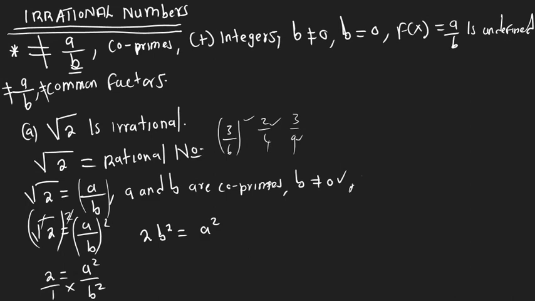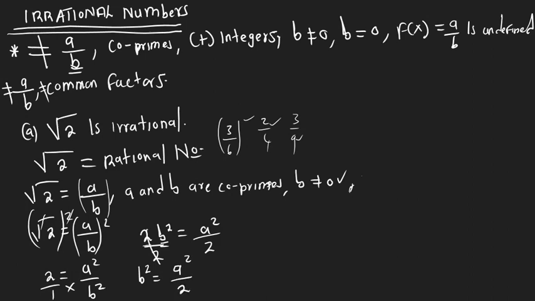So after reaching here, what you do is this. b is a factor such that if you multiply it with 2, you are getting a to the power 2. But notice that if you divide this by 2, you are going to have b power 2 equal to a to the power 2 over 2.